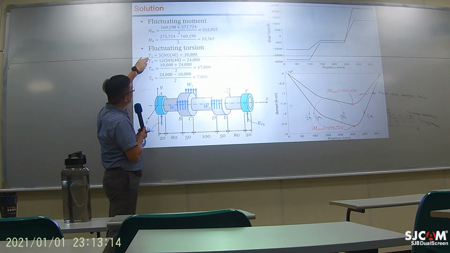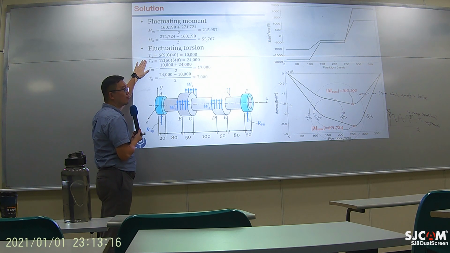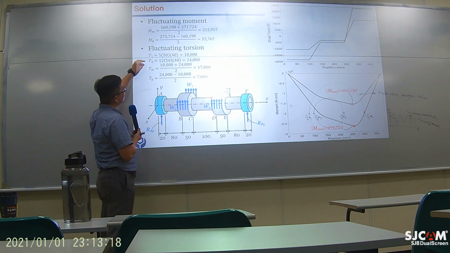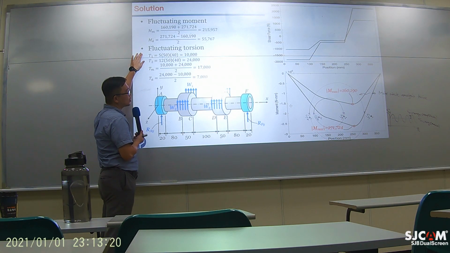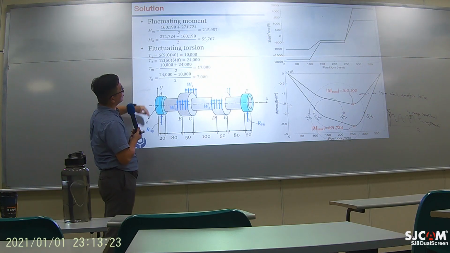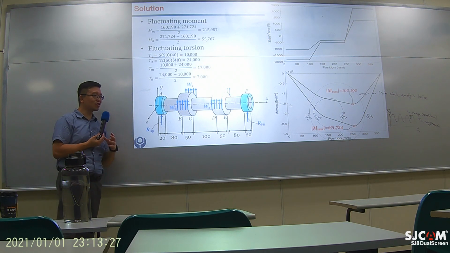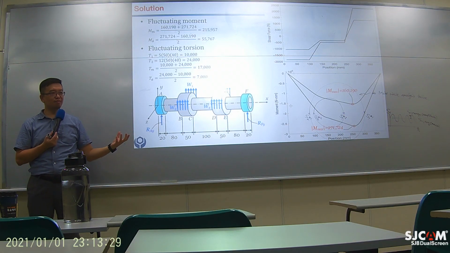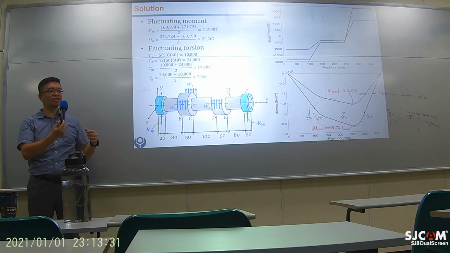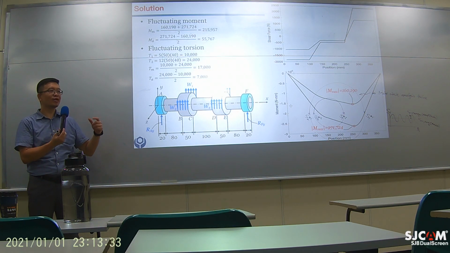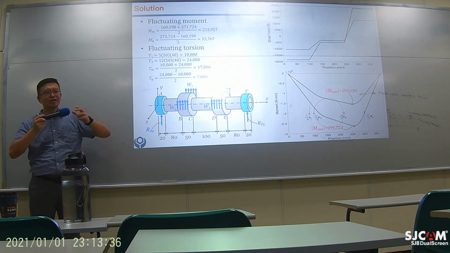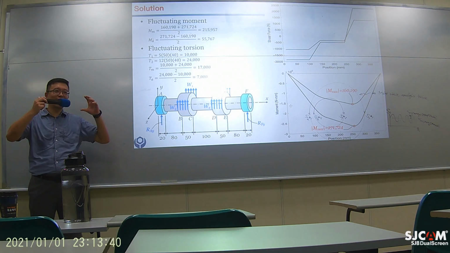With these two different conditions, you have two extreme torques, and then you can get mean and amplitude. So in this particular case, even though the shaft is not rotating, the belt tension is fluctuating. So it's being twisted dynamically and also being bent dynamically.